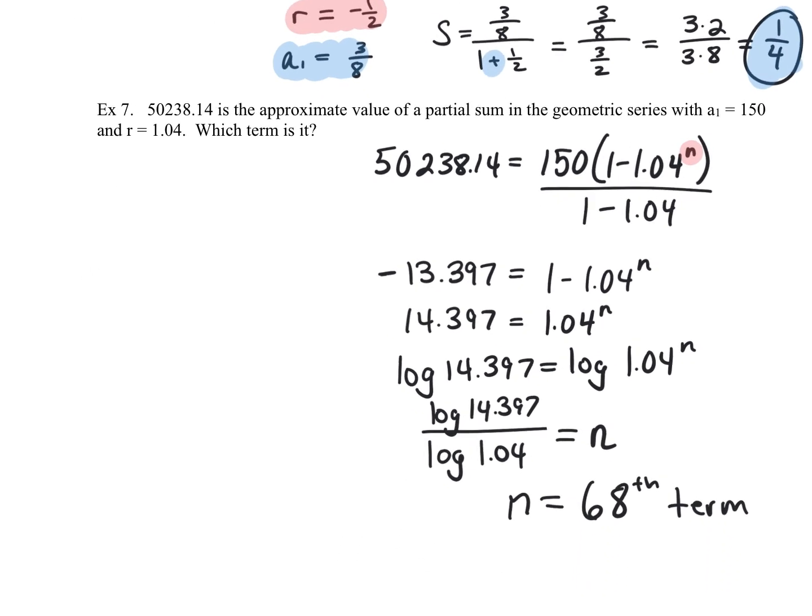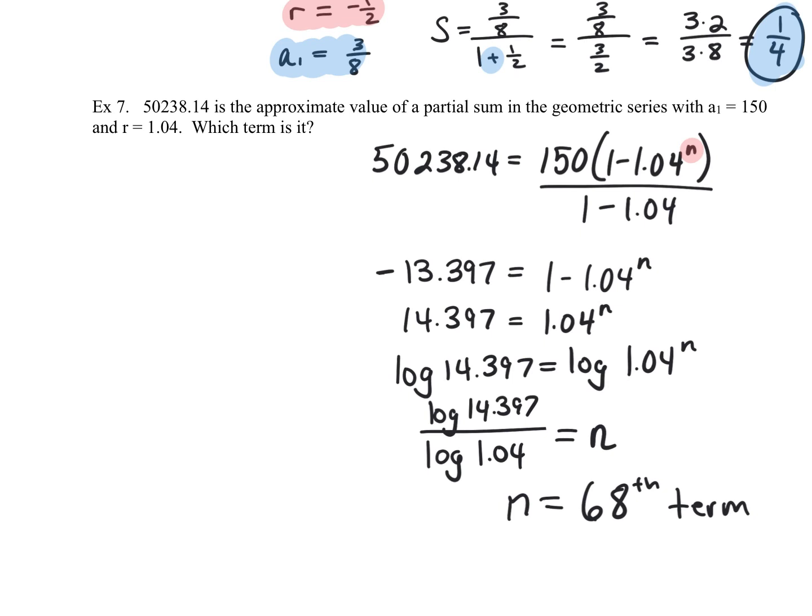On example 7, they tell us that we have an approximate value of a partial sum in a geometric series where we know the first term and the r value. We are basically solving for n, as you can see on the page in front of you. So I simplified: I multiplied by -0.04 and then divided by 150.